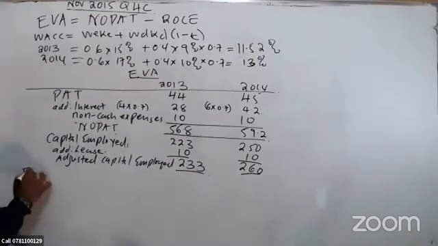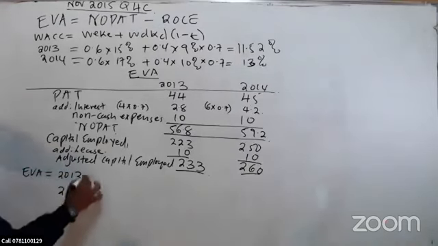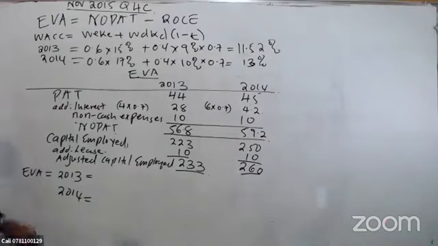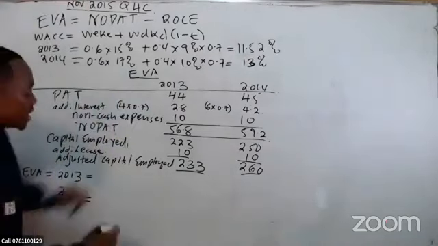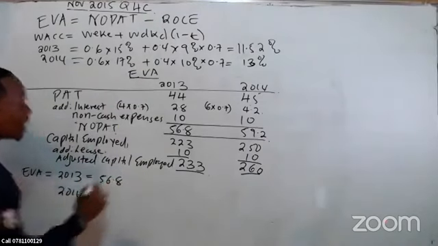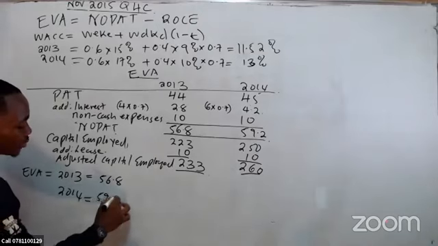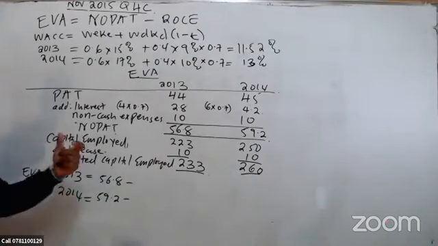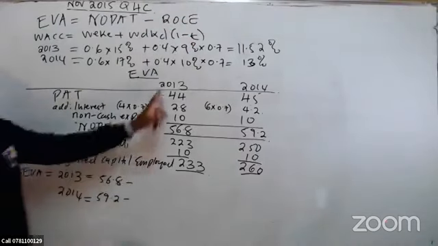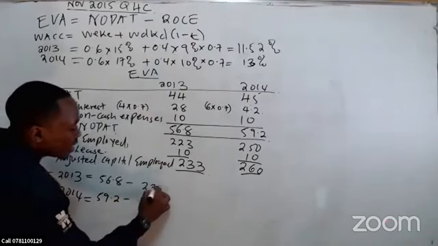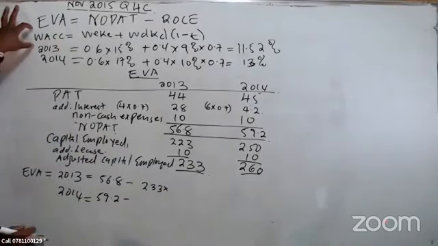Now let's get the EVA for 2013 and 2014. We have said that you take the NOPAT. The NOPAT for 2013 is 56.8, and for 2014 it's 59.2. Then you deduct the return on capital employed. We already have the capital employed. For 2013 it is 233 times the cost of capital, the WACC.